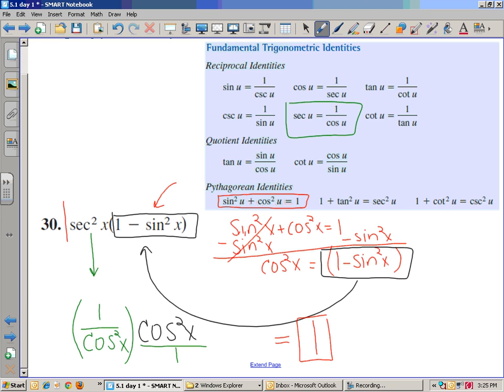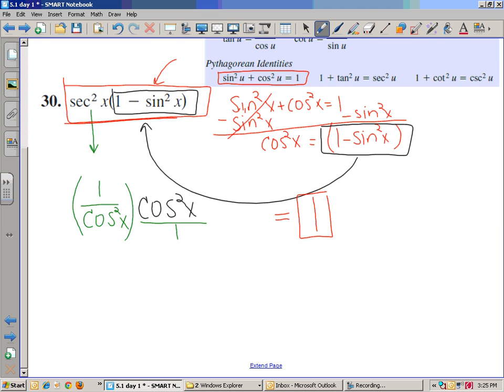Now, look at this expression. So sorry for these interruptions. Okay, so this ugly expression right here, secant squared x times the quantity 1 minus sine squared x, is not very pretty. But look how pretty it is when we rename it. Its new name is 1.